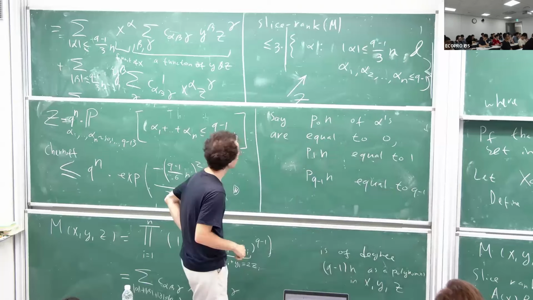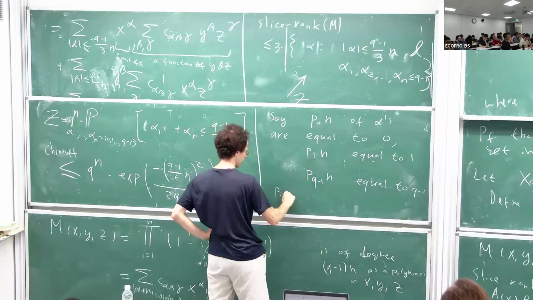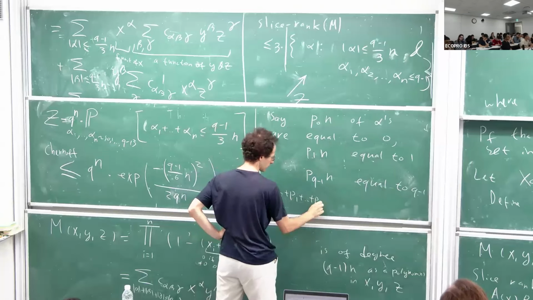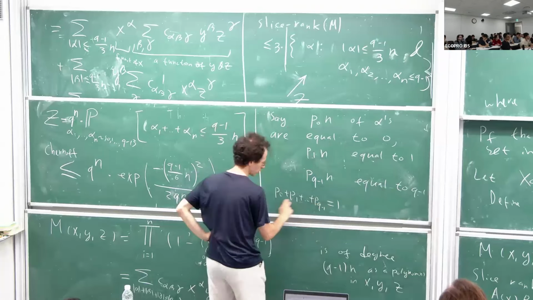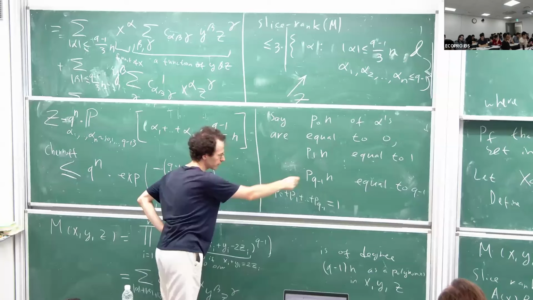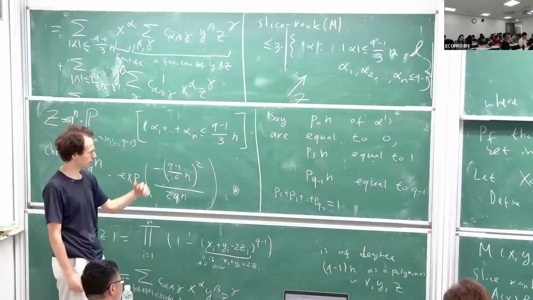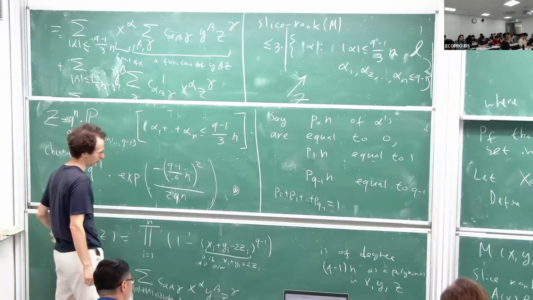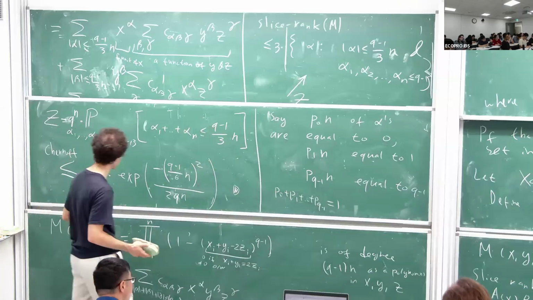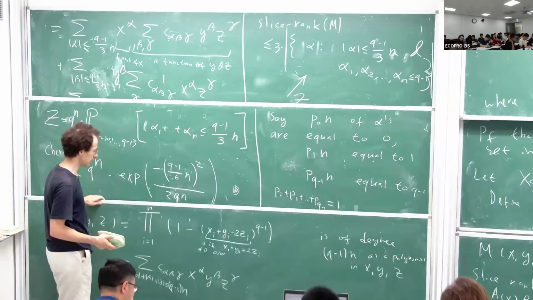Then the total number of alphas is n. So the total sum of these p's, where pi is the fraction of alphas equal to i, is 1. I'm thinking of this as essentially a probability distribution: if I pick a random alpha, its probability of being equal to i is pi.